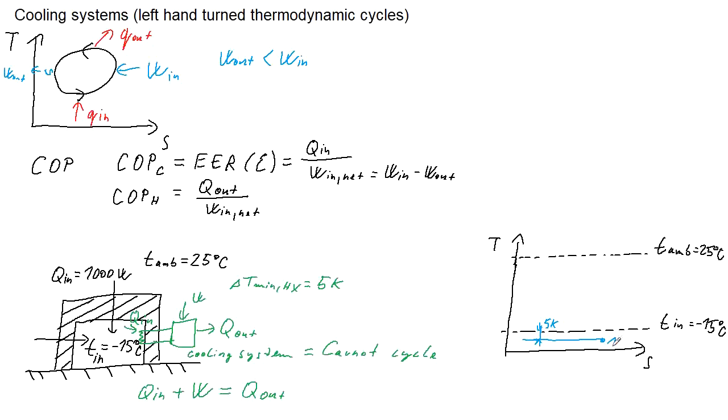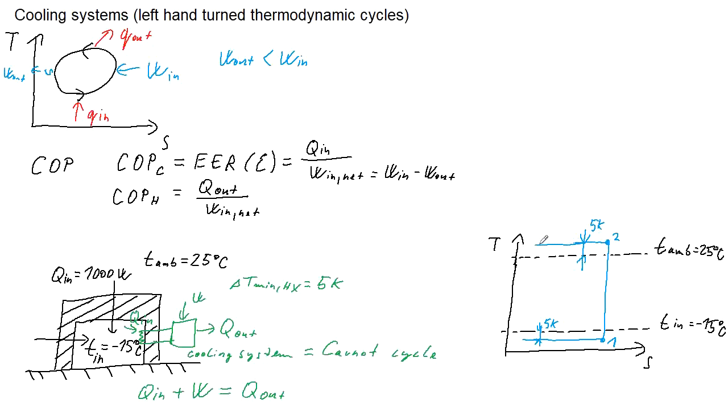Let's say that here will be point 1 of the Carnot cycle, which will compress the working fluid to point 2, where point 2 again needs to be at the minimum temperature difference, 5 kelvins, on top of the environment.